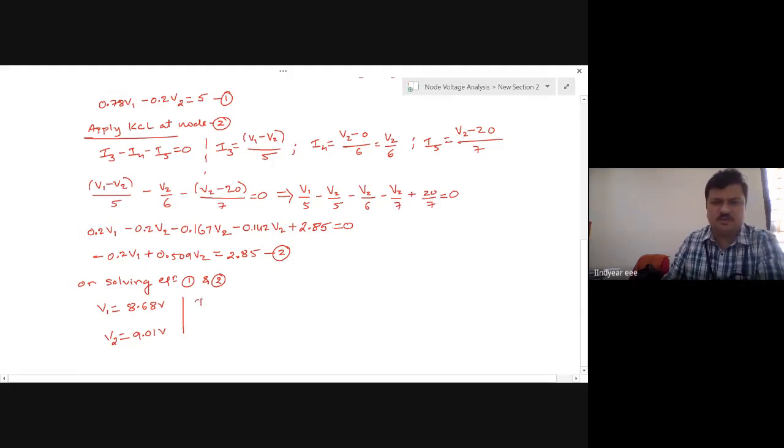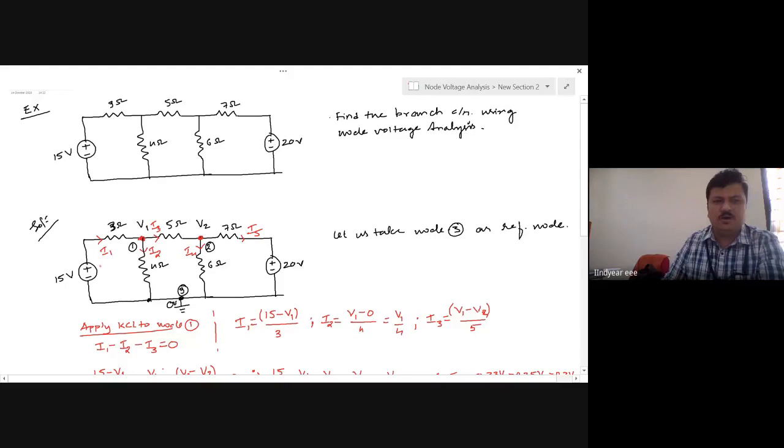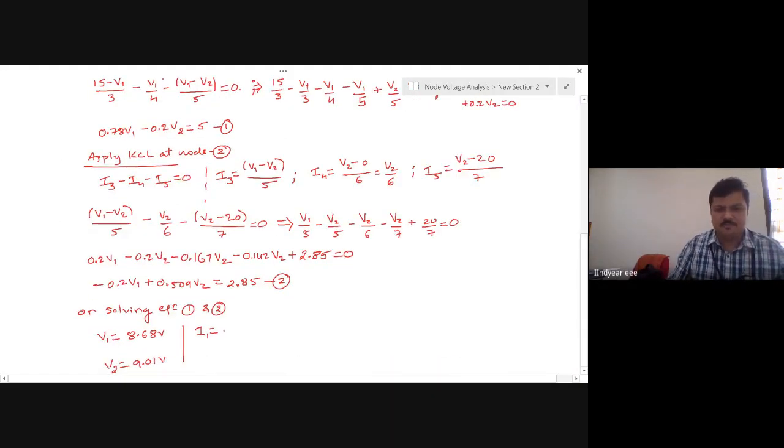Now what is I1? 15 minus V1 by 3. Now we have already assigned the directions of I1, I2, I3, I4, I5. Use the same direction and the same expression. 15 minus V1 by 3, it is (15 minus 8.68) divided by 3.